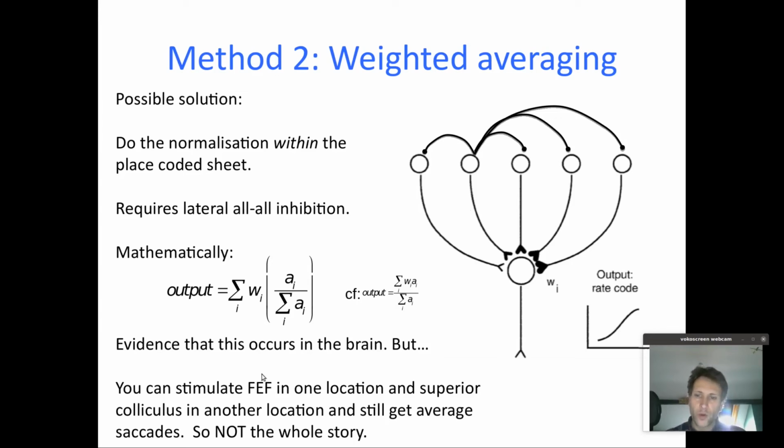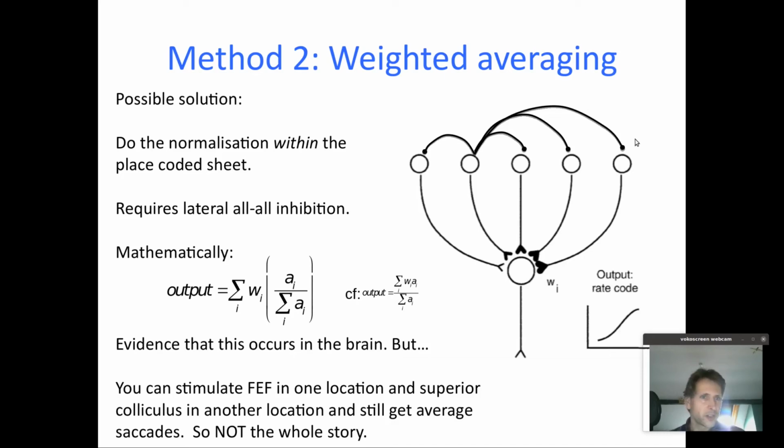One thing you can show experimentally is that you can stimulate the first neuron in the frontal eye field map, and the 5th neuron in the superior colliculus map, and you will still get an averaged saccade. If the normalization was only occurring in the superior colliculus, then you wouldn't expect to see that average saccade.